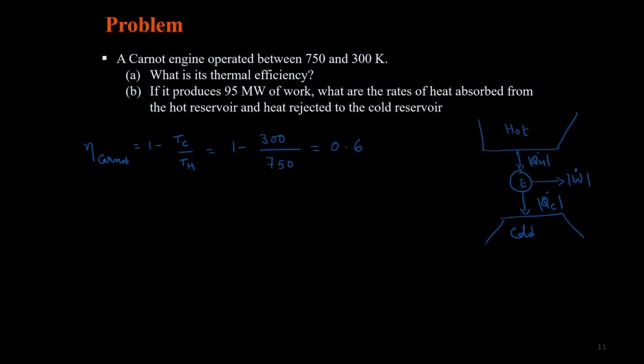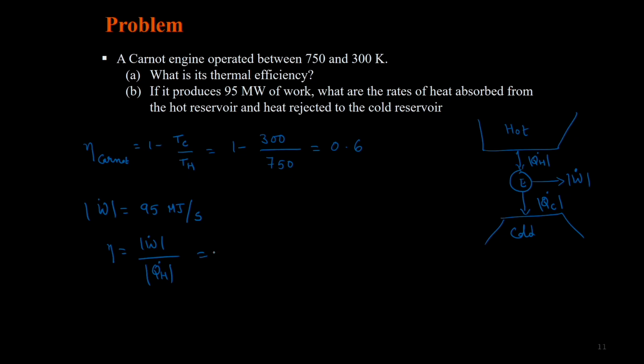Now the second question. We know the work produced. W dot, the rate of work produced, is 95 megawatts or 95 megajoules per second, right? And we want to know how much heat is absorbed from the hot reservoir and how much is to be rejected to the cold reservoir. We know that the efficiency is given by the expression W, the amount of work we can produce, by the amount of heat that is absorbed.